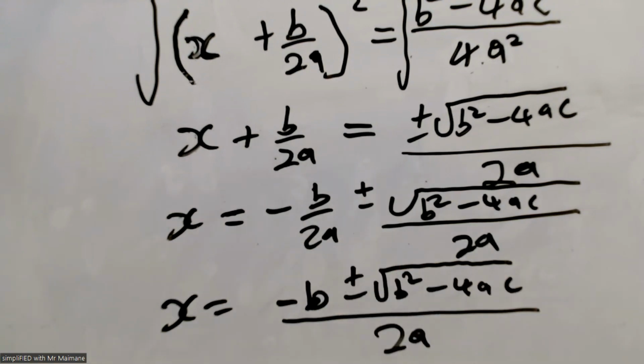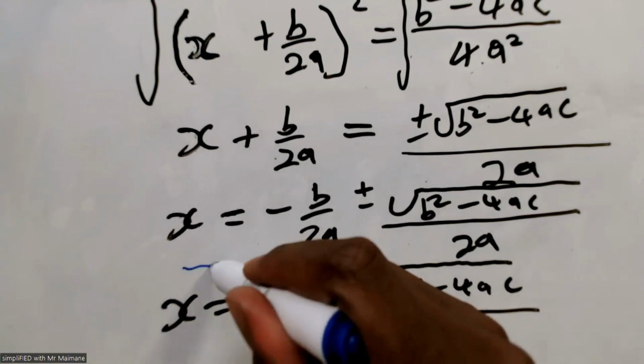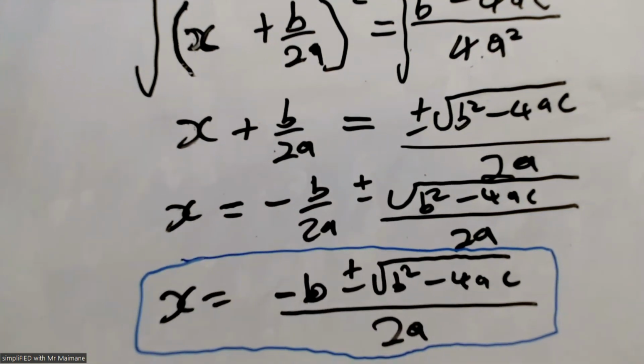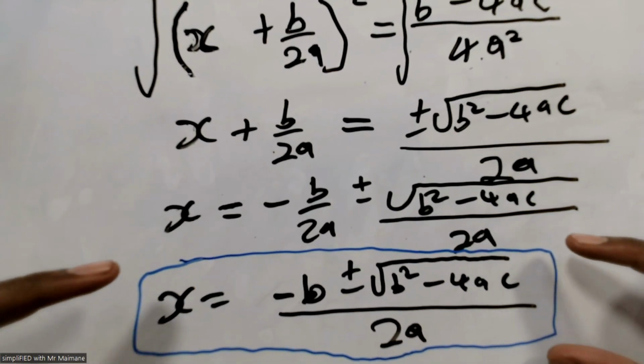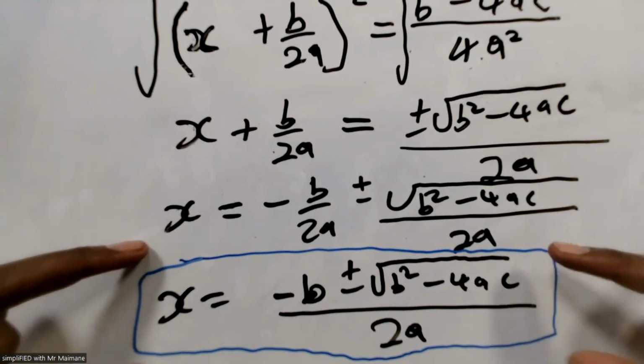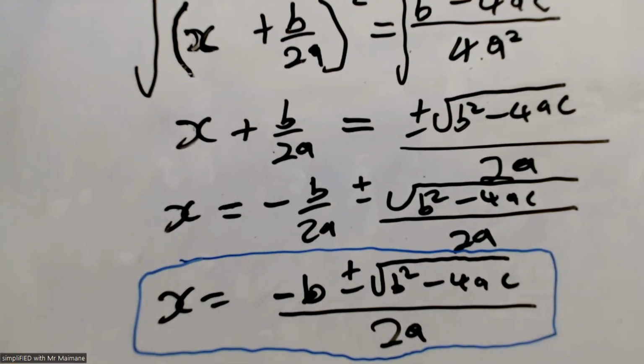This is how the quadratic formula comes about. This is how we get our quadratic formula from the quadratic function. Hence, we say this is the solution for the quadratic function.